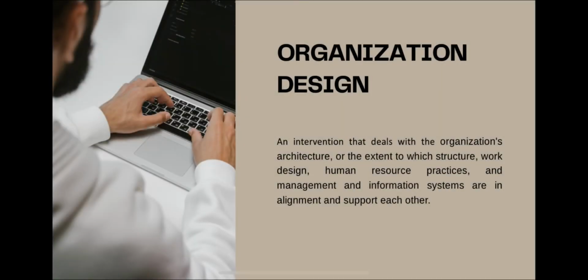It is an intervention that deals with the organization's architecture or the extent to which structure, work design, human resource practice and management, and information system are aligned and support each other. The structure of the organization sets the framework for other organizational decisions and supports the strategic schemes. This dictates what activities are necessary. The organization design process has 3 steps.